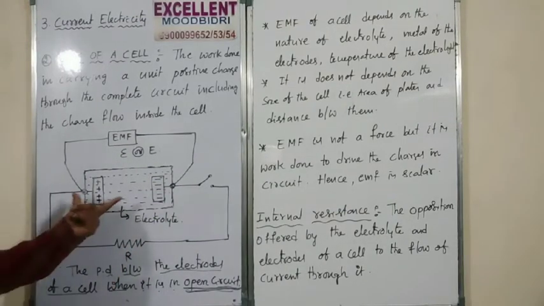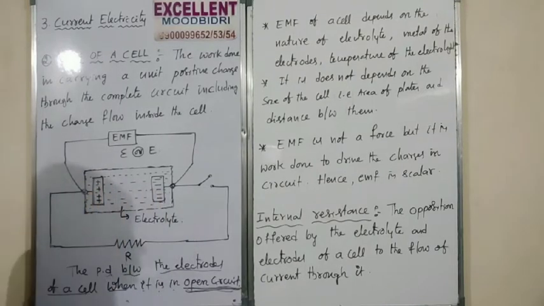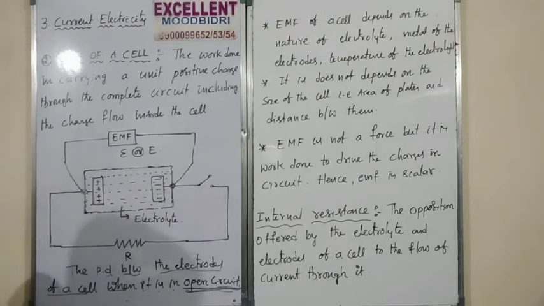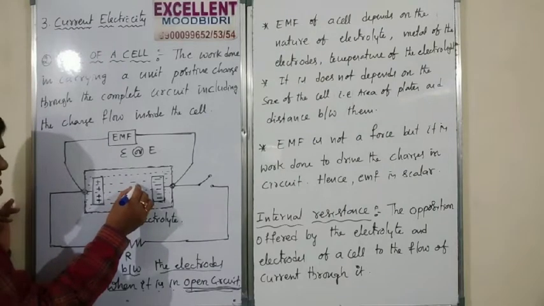Now the potential difference between positive electrode and negative electrode in the cell when the circuit is open is known as EMF. Are you clear?